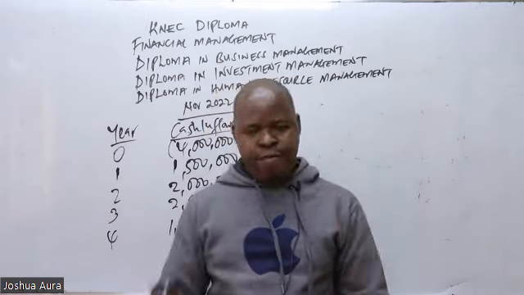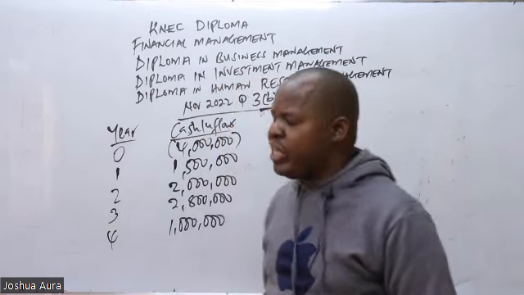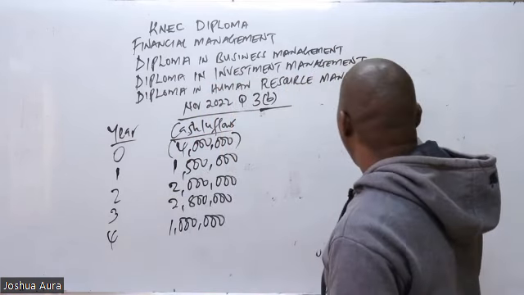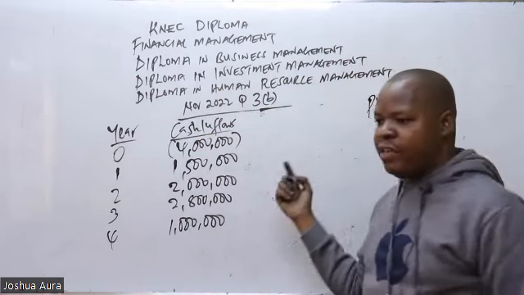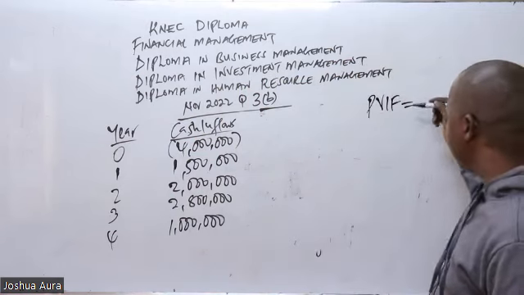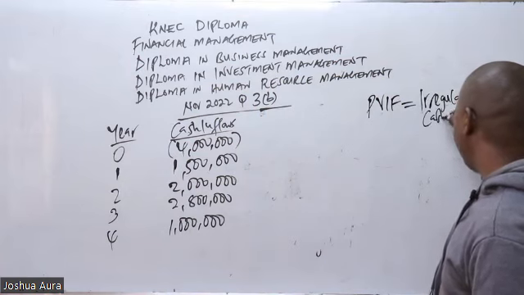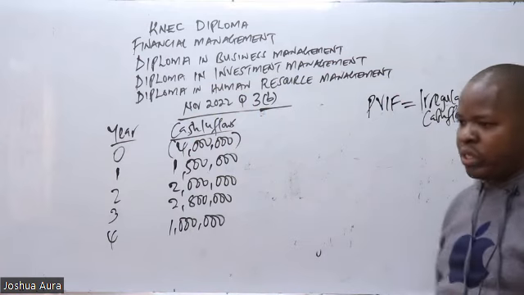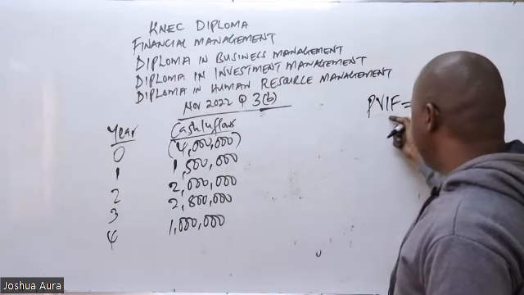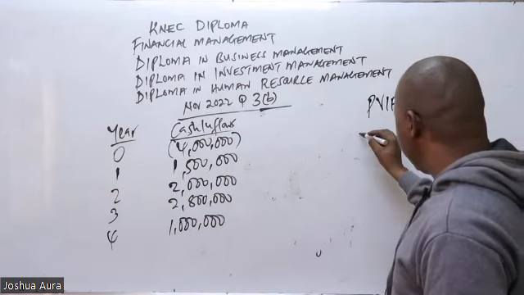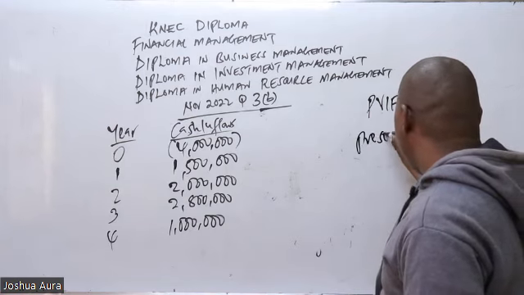My good friends, the method of discounting which we shall use here is called PV, present value interest factor. This formula of discounting is for irregular cash flows.